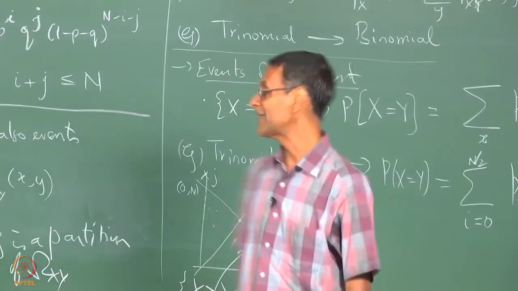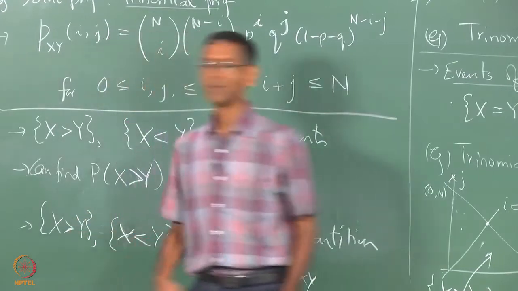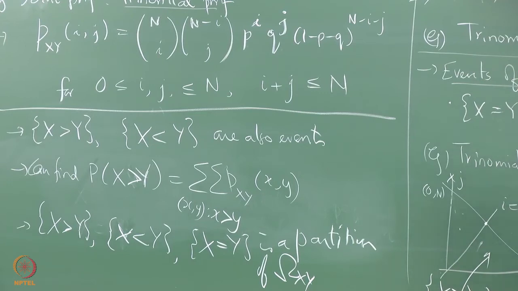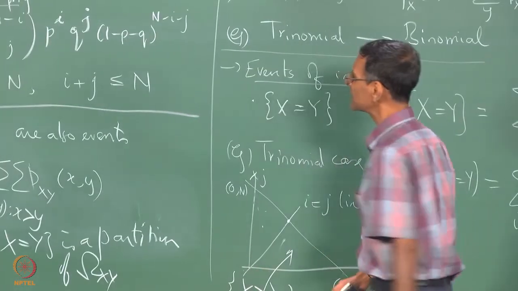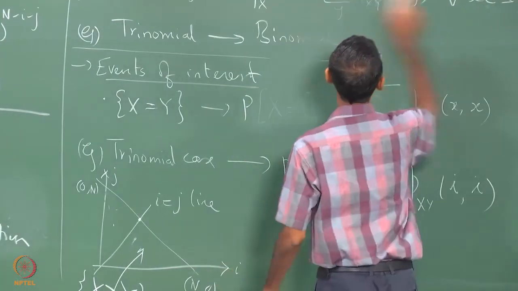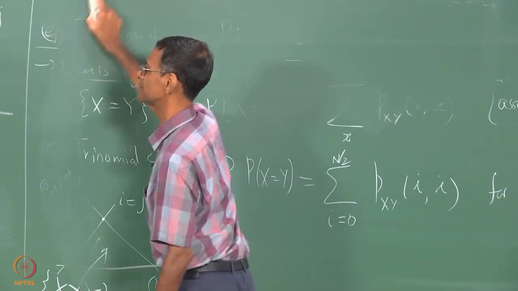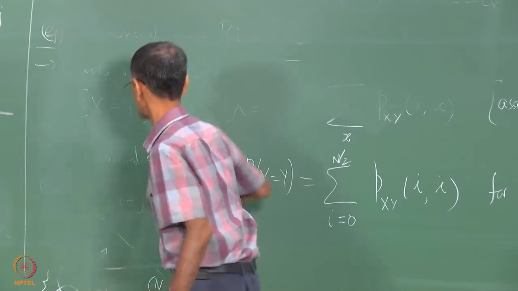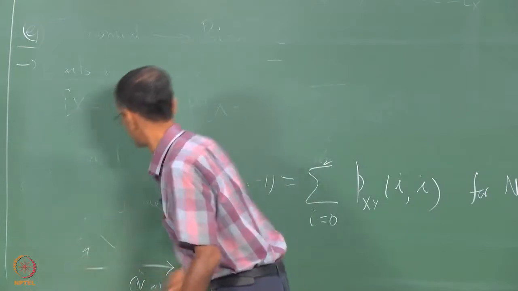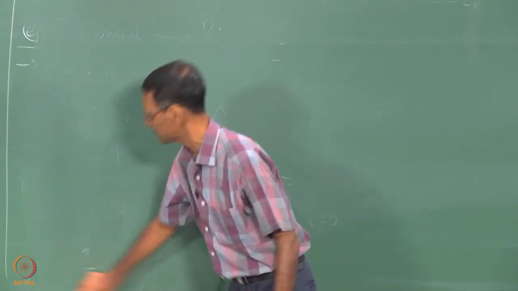Now you can use certain symmetry arguments here, especially for x greater than y and x less than y. The symmetry argument may not work so easily for x equal to y, but consider this: supposing I tell you that p equals q. For p equals q, what can you say about the events x greater than y and x less than y?